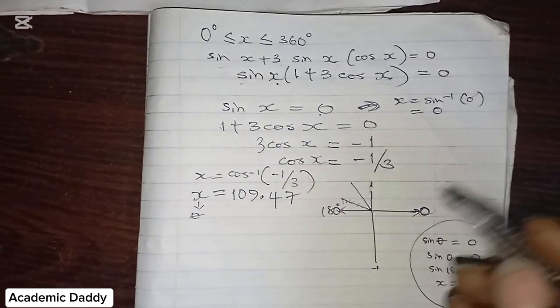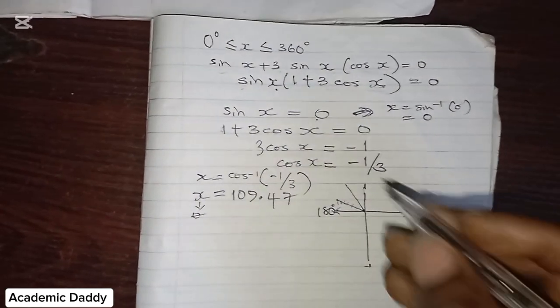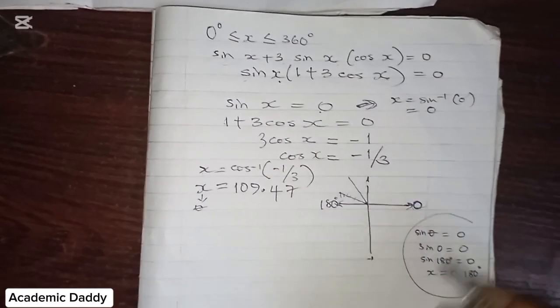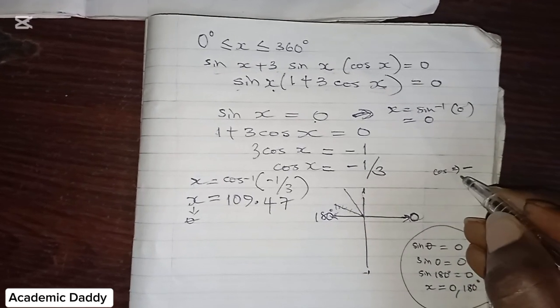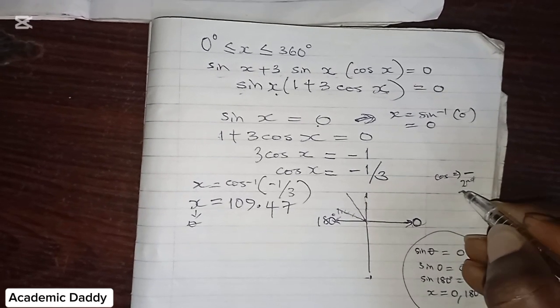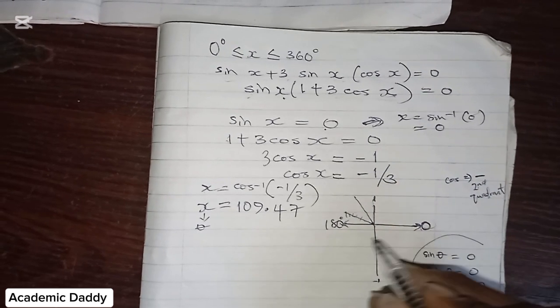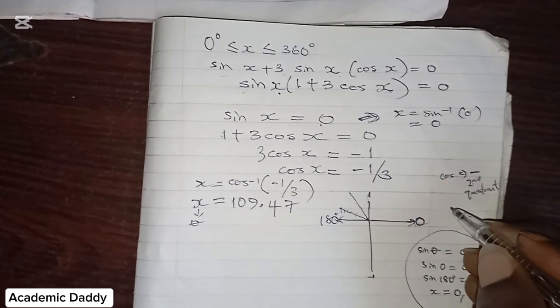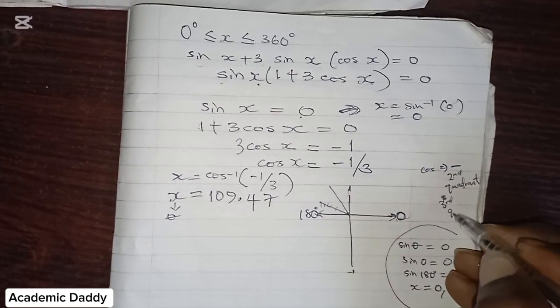That means that if I have this 109.47, remember that cos is negative in the second quadrant and in the third quadrant.